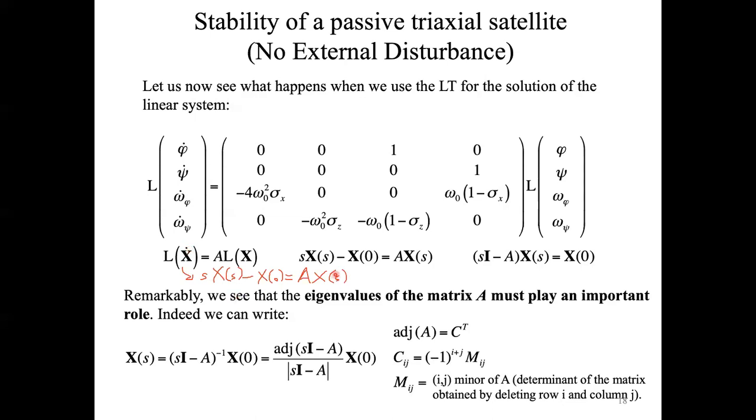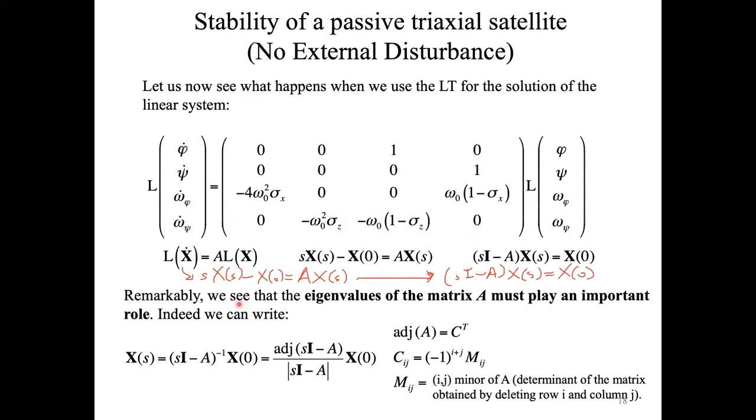So what we are going to have at the end is a problem similar to the one we have seen in the time domain. Basically you have that S times the identity matrix minus A, times x in the Laplace domain, equal to x0.